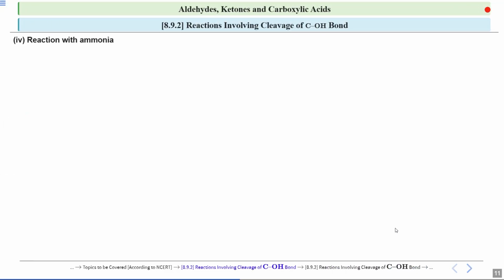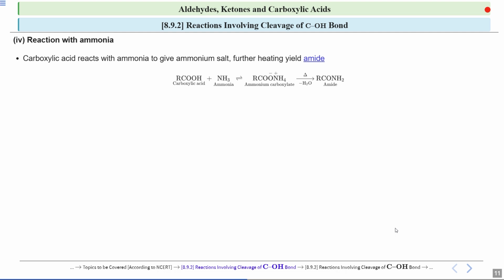Now we are going to see the reaction with ammonia. This reaction leads to the formation of amides. When a carboxylic acid reacts with ammonia, it initially gives you an ammonium salt.